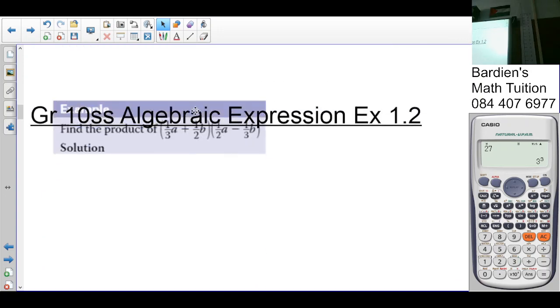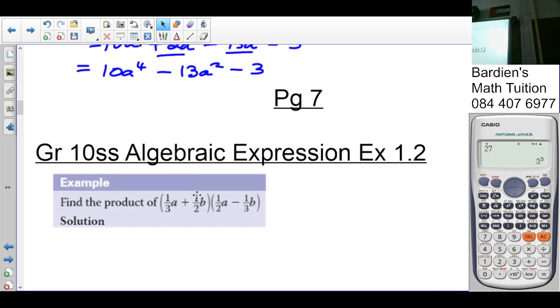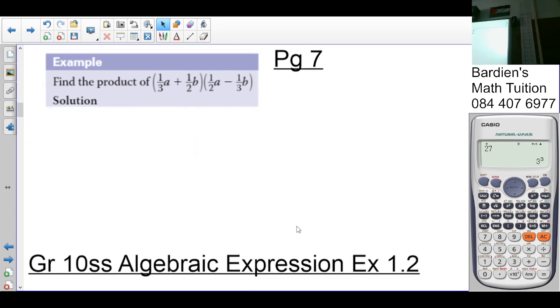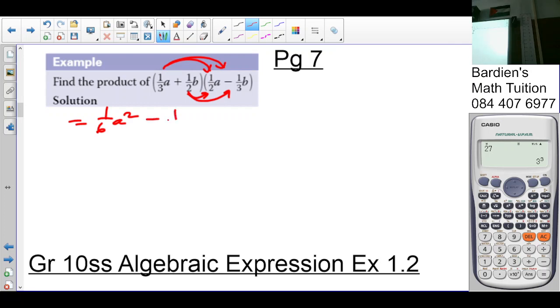For those of you who don't like working with fractions, I'll show you a method that you can apply afterwards. So we multiply that out. A third a times a half a is 1 over 6a squared. A third a times negative 3b is negative 1 over 9ab. A half b times a half a is positive a quarter ab.